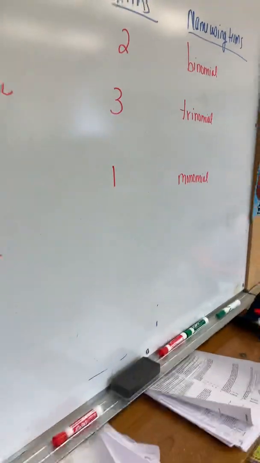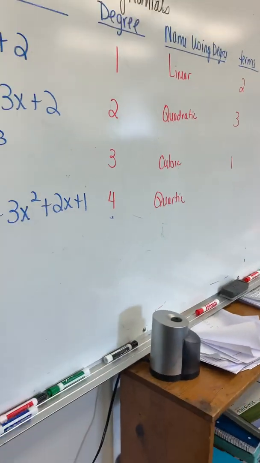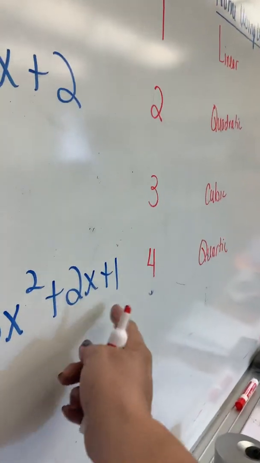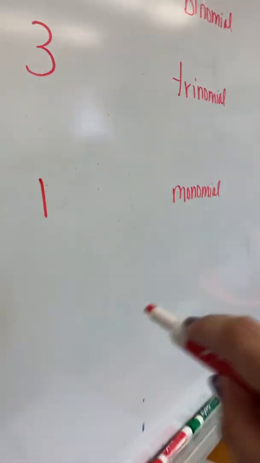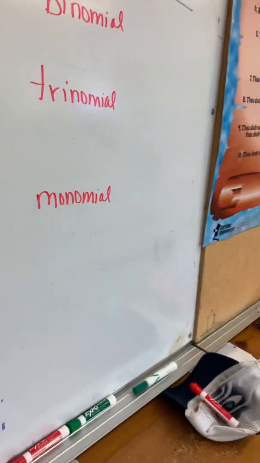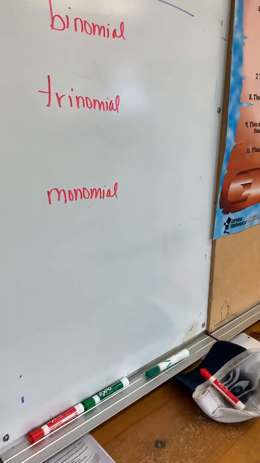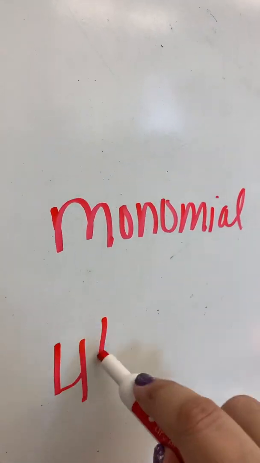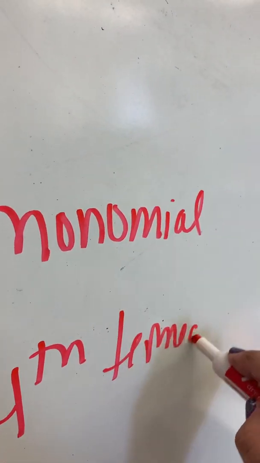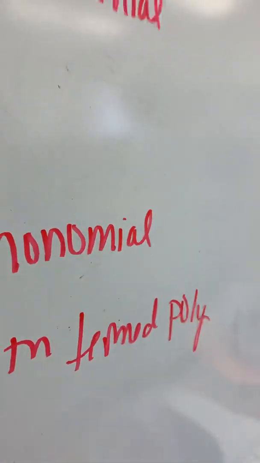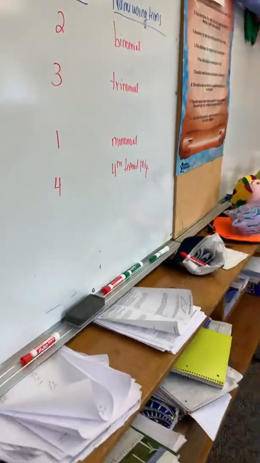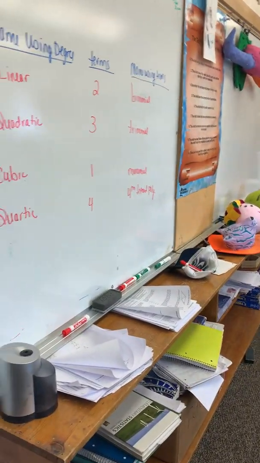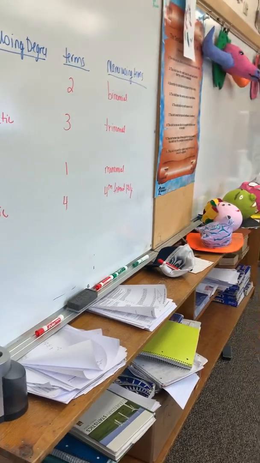Monomial. And how many terms does this one have? 4. There's no fancy name for that; it is a fourth termed polynomial.